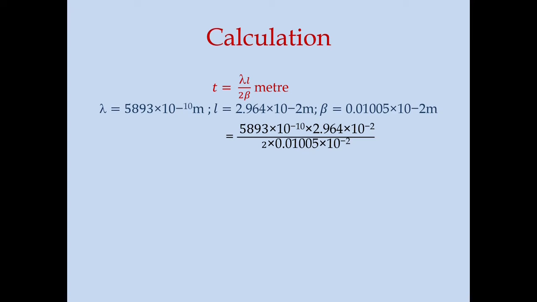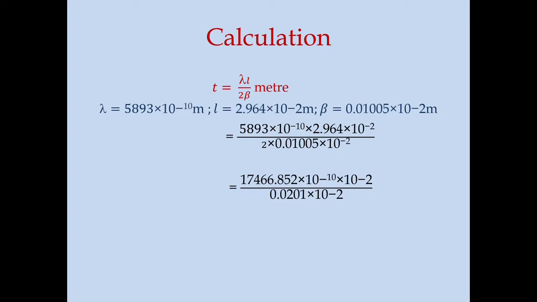L, the length, is 2.964 into 10 power minus 2 meter. Beta, the bandwidth, is 0.01005 into 10 power minus 2 meter. So putting everything in, we get 5893 into 10 power minus 10 into 2.964 into 10 power minus 2 divided by 2 into the beta value, 0.01005 into 10 power minus 2.